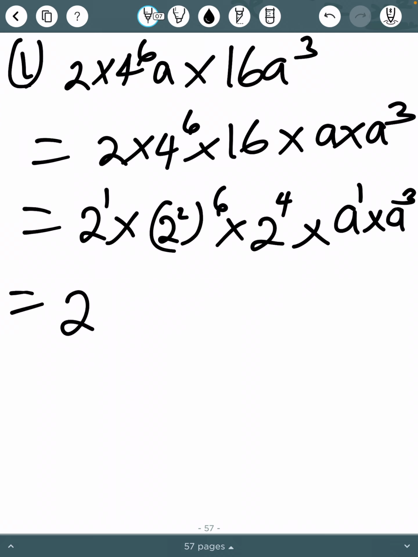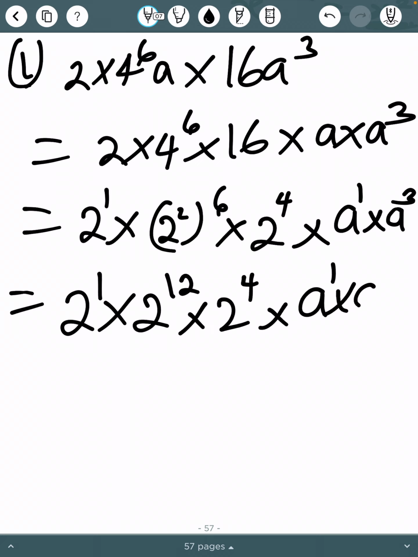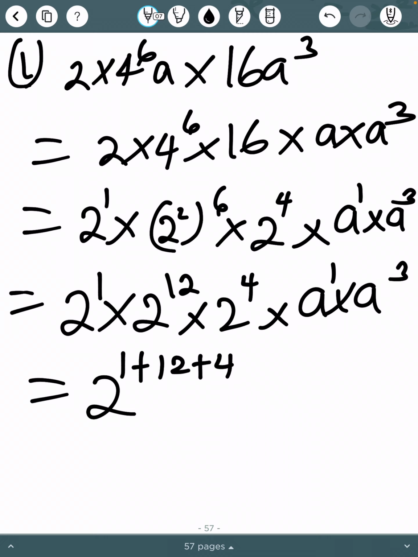This will give me 2 raised to power 1 times 2 raised to power 2 times 6, which is 12, times 2 raised to power 4 times a raised to power 1 times a raised to power 3. That's 2 raised to power 1 plus 12 plus 4 times a raised to power 1 times a raised to power 3. Let me put this together once and for all.